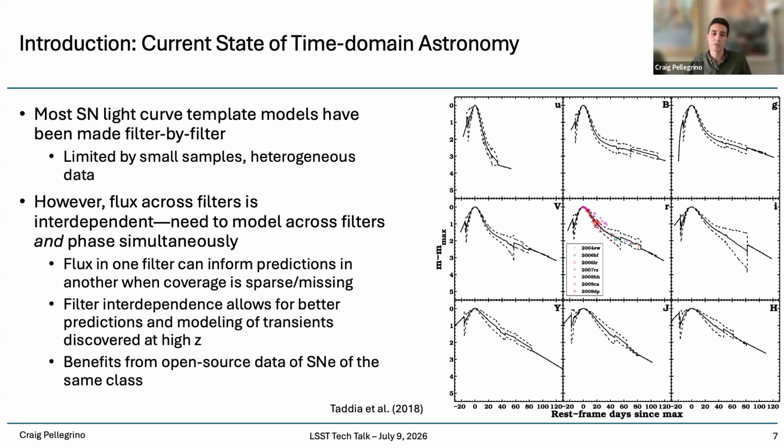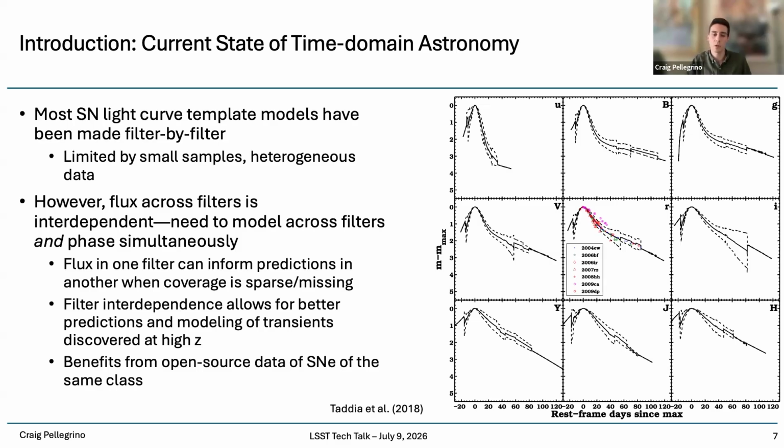But this is ignoring a crucial fact, which is that the flux across filters is actually interdependent. It's more or less the same physical processes that are producing G band flux as R band flux. Therefore, we really need to model across both filter and phase simultaneously. This will inform better modeling efforts because the flux in a very well sampled filter can then inform predictions in another filter where the coverage might be sparser.